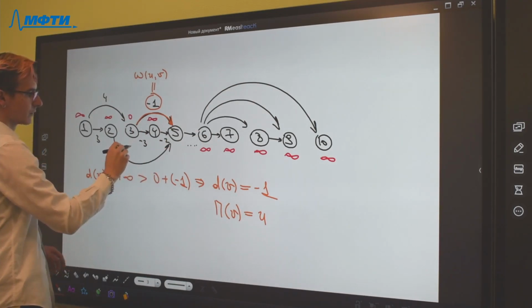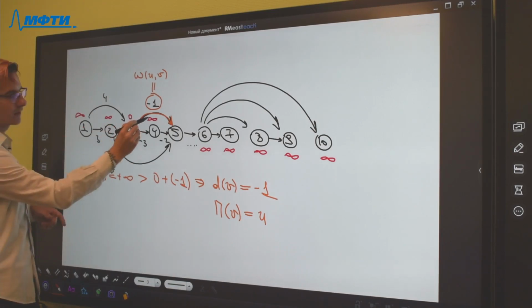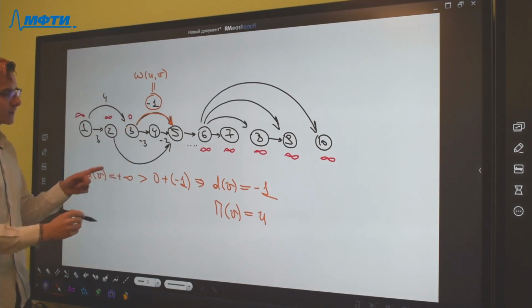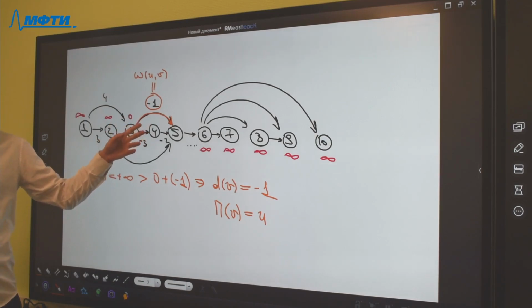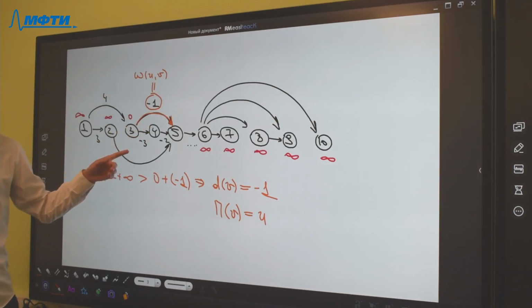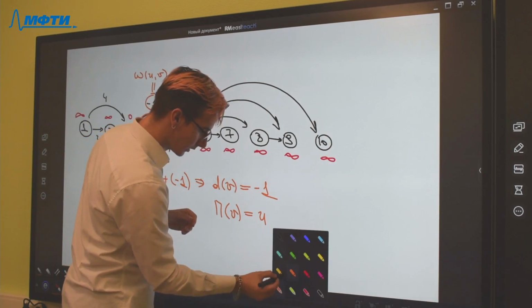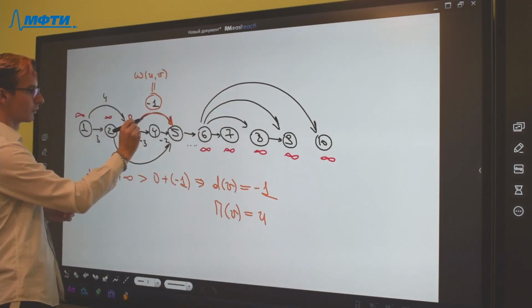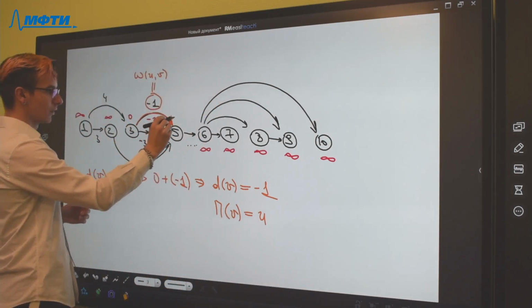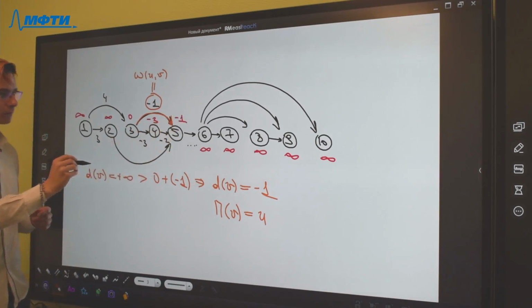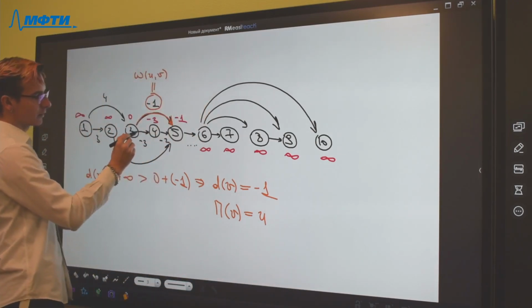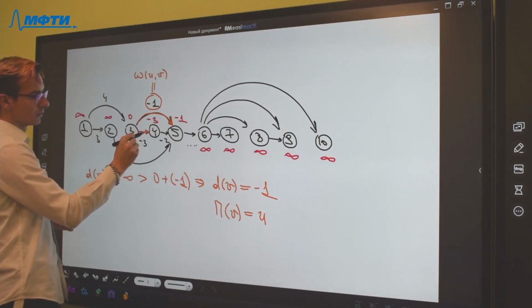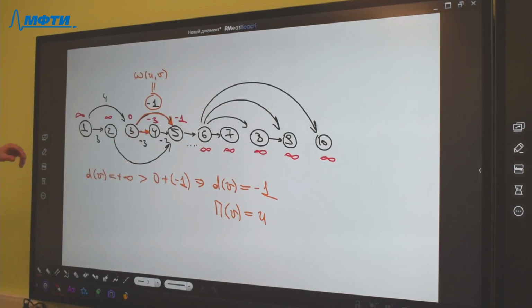Then relax this edge and get the distance of the first vertex equal to -3. It is understandable too. Then we have -3, -1, and we have already relaxed these edges.